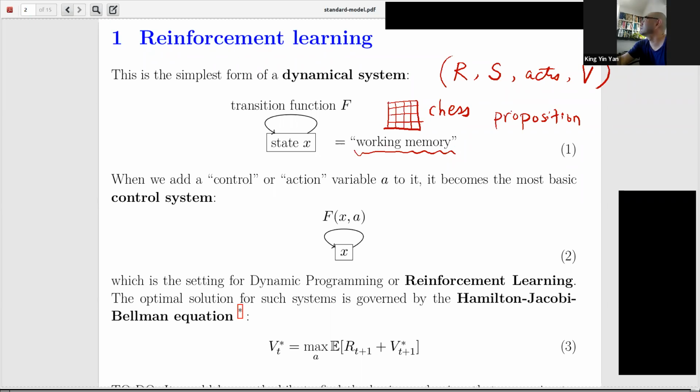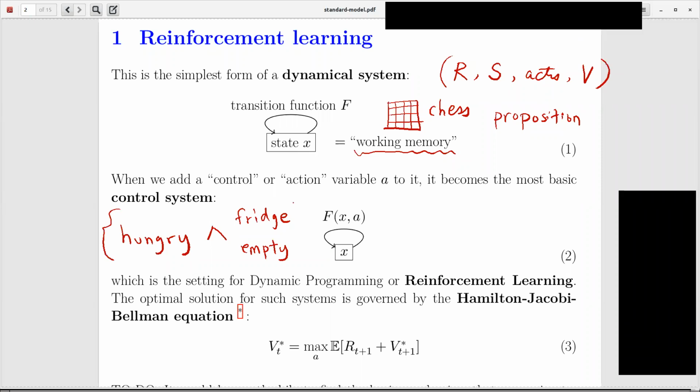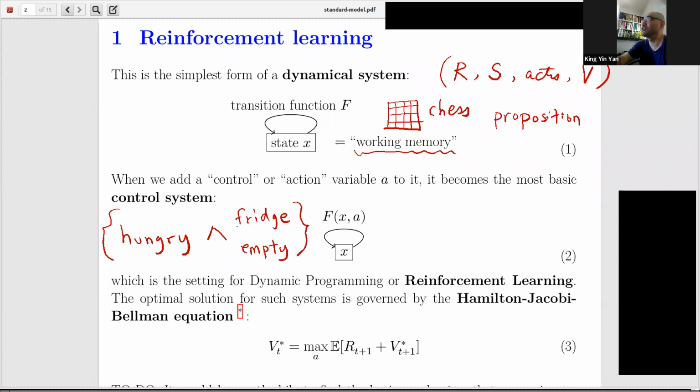So for example, I am hungry, and the fridge is empty, right? Fridge empty. Now, these two propositions define the current state of the logic agent. So I will be talking a lot about logic-based AI.